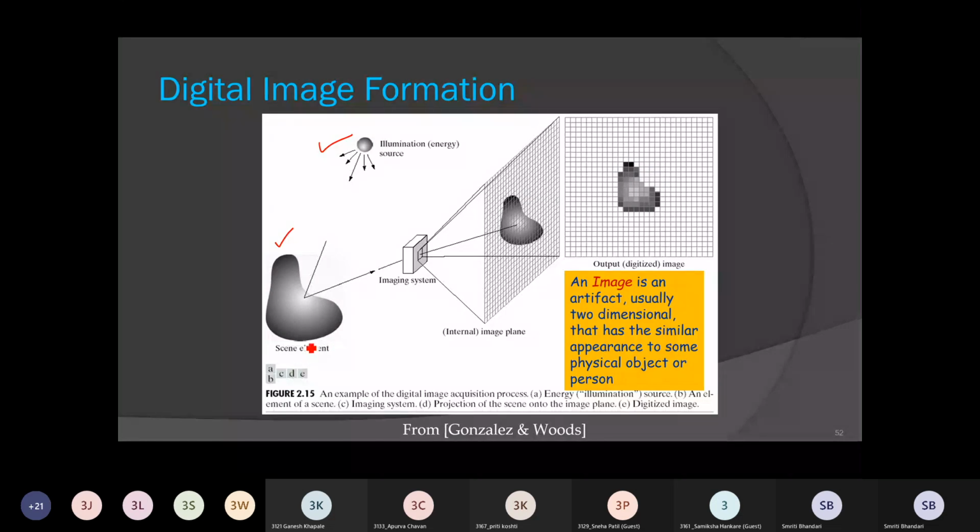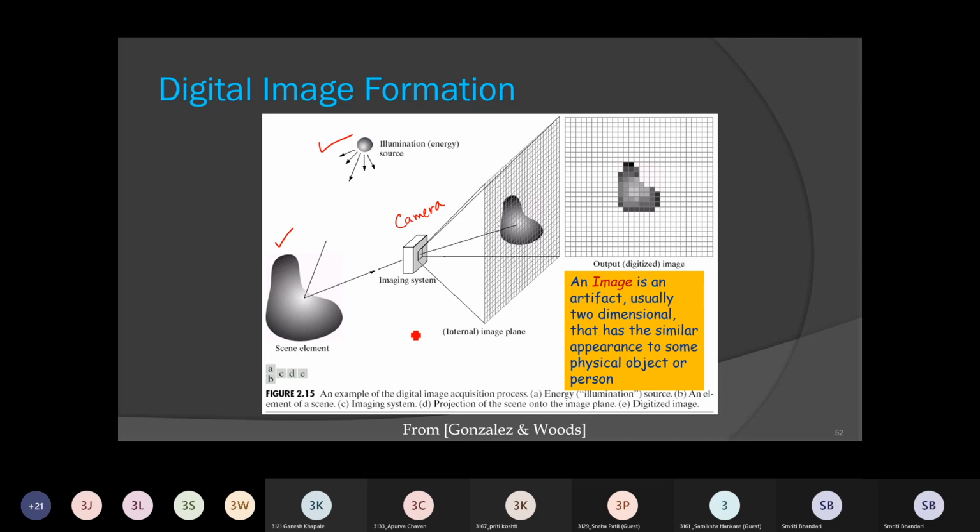So the energy that gets reflected from the scene element is now incident on this imaging system. So what is this imaging system? This imaging system is nothing but the camera that we are making use of, right?